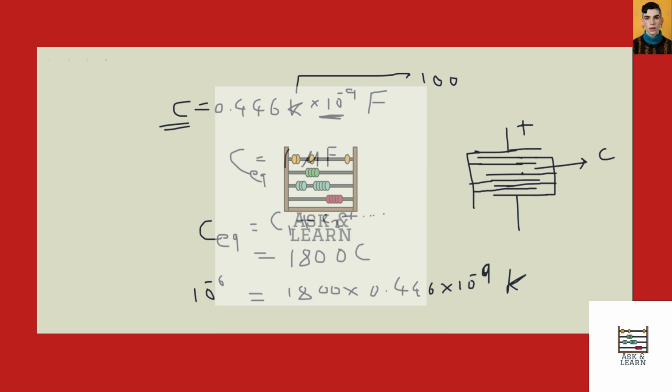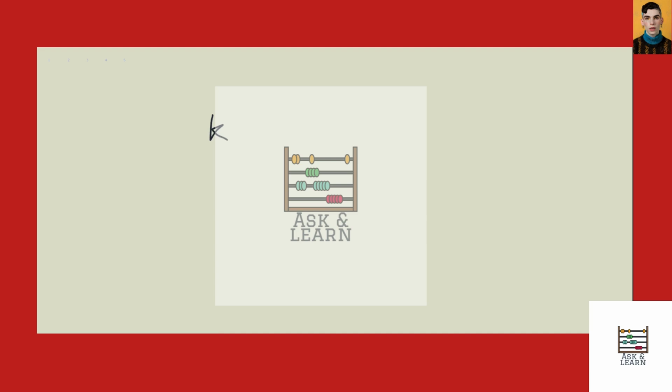I'm performing this calculation. So this calculation gives me the value of K as 1.245. So let's approximate it to 1.2 because we are keeping only two significant digits. So that's the value of the dielectric constant.